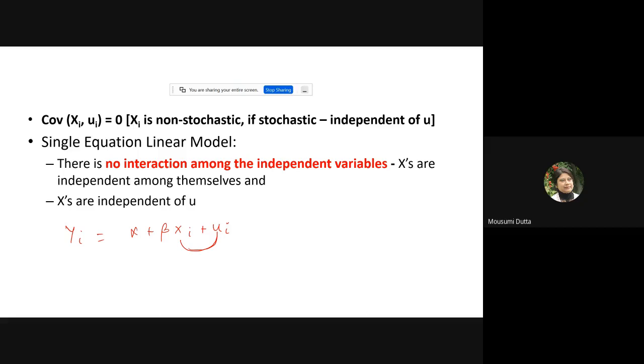Then you add in the note, if xi is non-stochastic, within bracket non-random, this assumption is trivially satisfied.